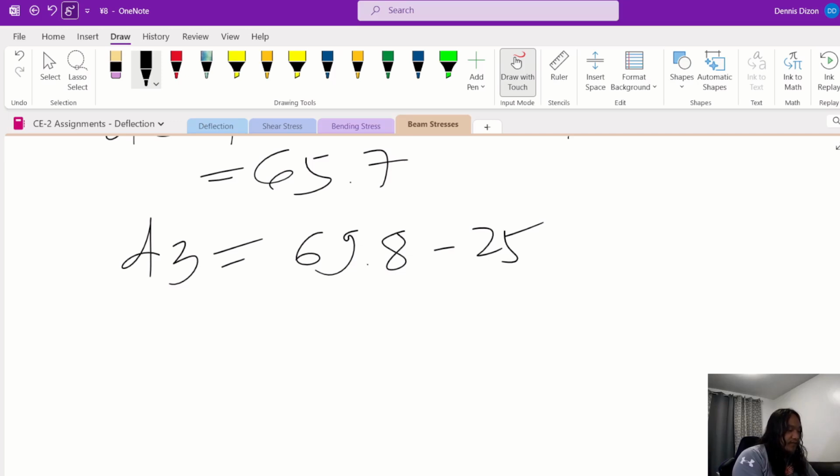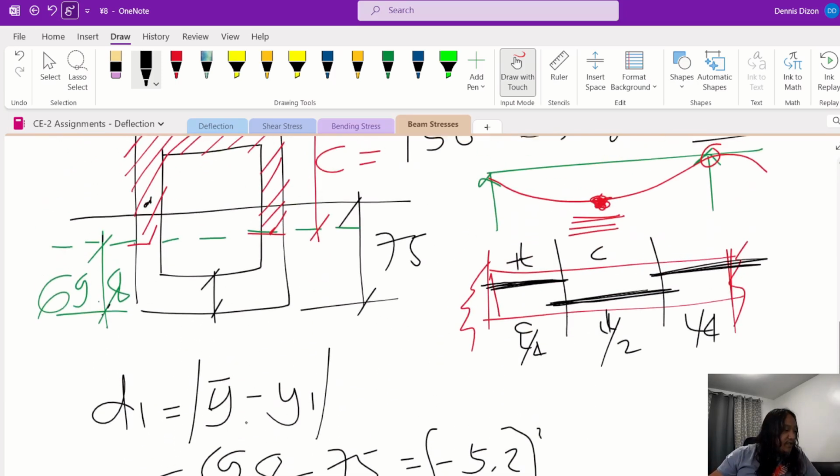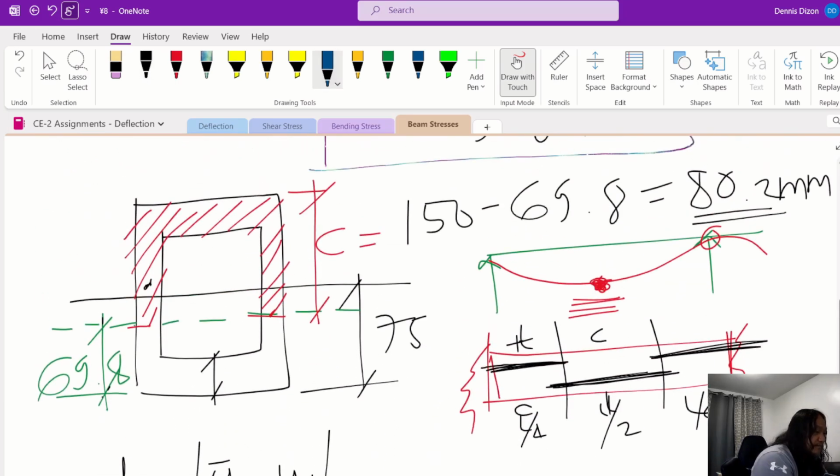So 69.8 minus 25 is equal to 44.8. So that distance 44.8 is from the center of this area going up to the neutral axis.